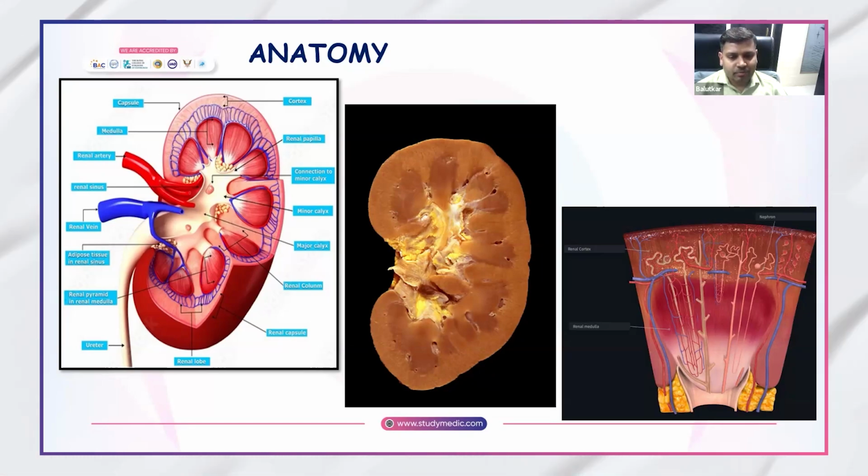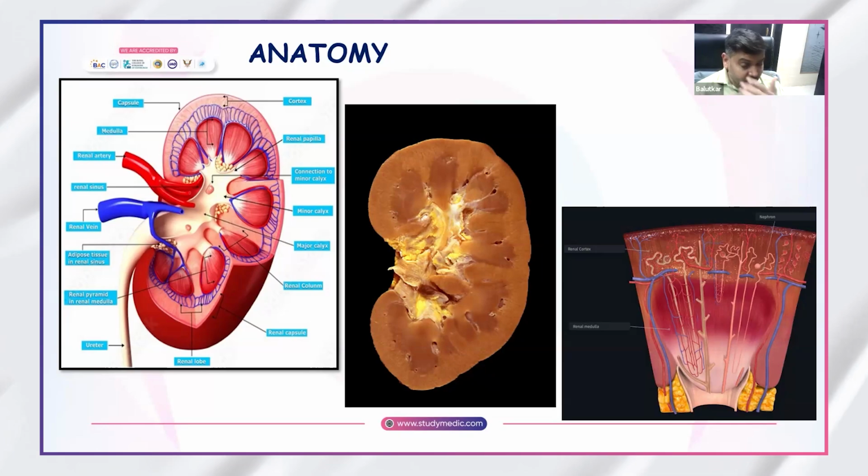The pyramids are formed by the loop of Henle and the majority of the collecting ducts. So the loop of Henle and the collecting duct, the majority of it, is located within the medullary pyramids. And the cortex is formed by the Malpighian capsule or the Bowman's capsule and the proximal and distal convoluted tubules.